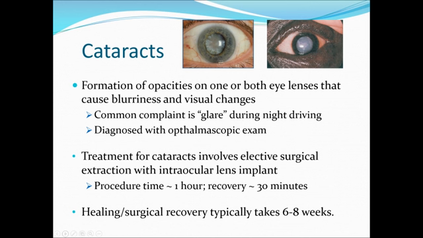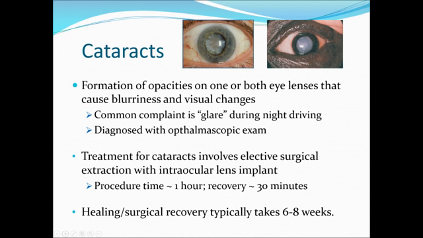This is diagnosed with an ophthalmoscope exam, and the treatment for this involves an elective surgery. They're going to remove the cataract and the lens, and they're going to actually do an intraocular lens implant. It's actually a very quick procedure. Again, I mentioned it's one of the most common ones that you'll see.